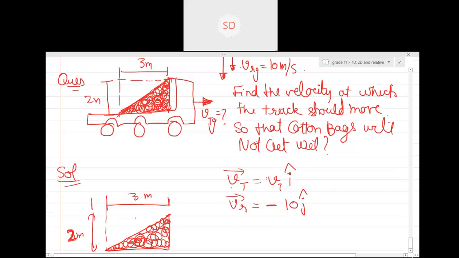If these two are known to you, what is the velocity of rain with respect to truck? Rain with respect to ground minus truck with respect to ground equals minus 10 j cap minus Vt i cap. Can you see negative j component and negative i component?